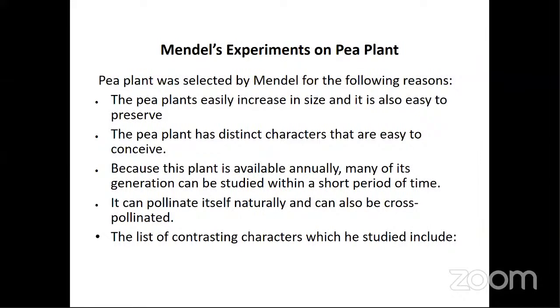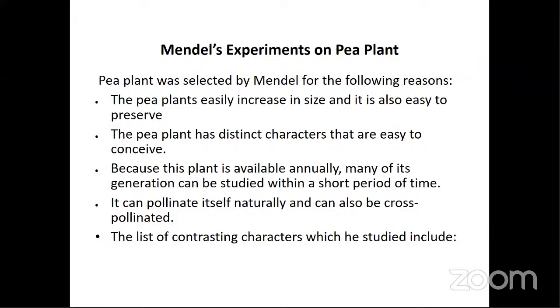He did not want to use plants that you can find during the rainy season and cannot find during the dry season. So many generations of this plant can be studied within a short period of time. He also observed that this plant can pollinate itself naturally and can also be cross-pollinated.